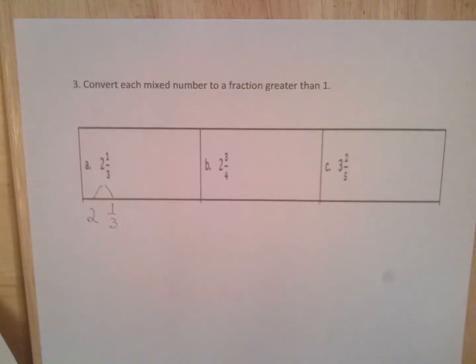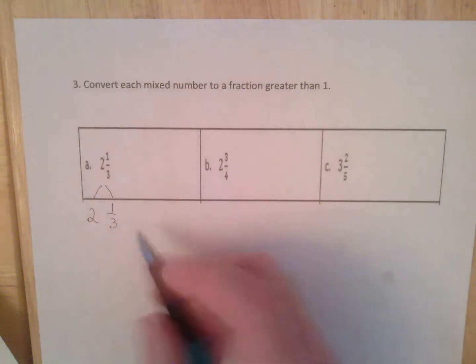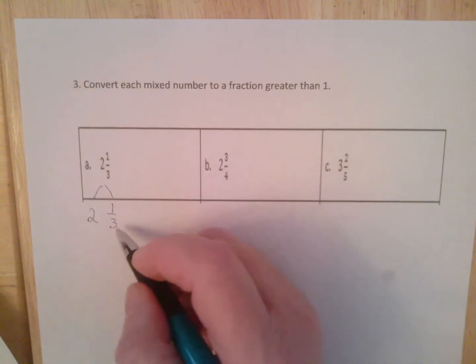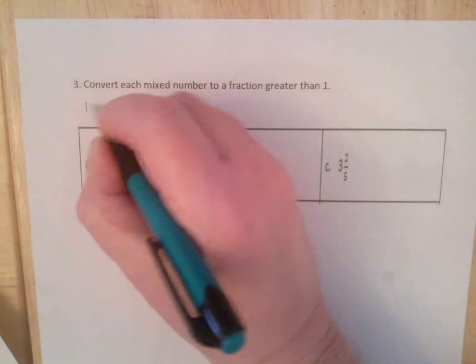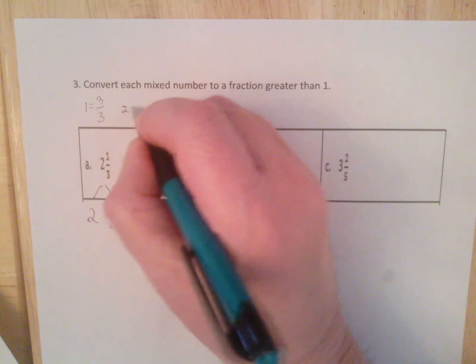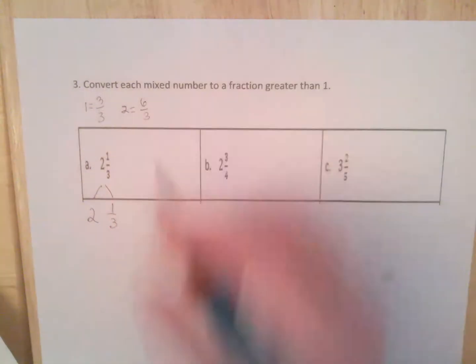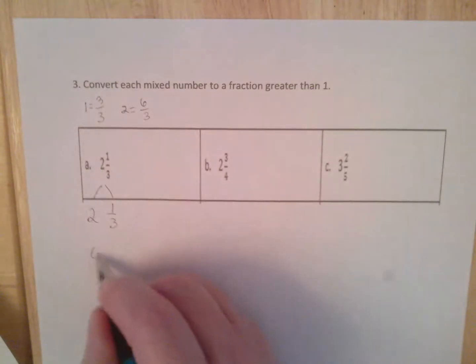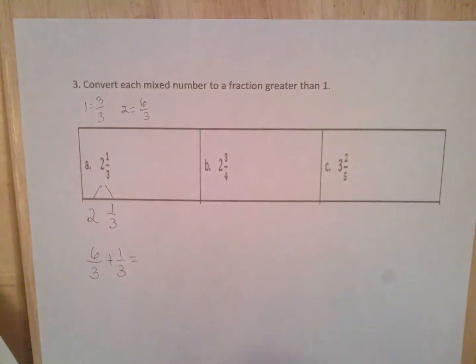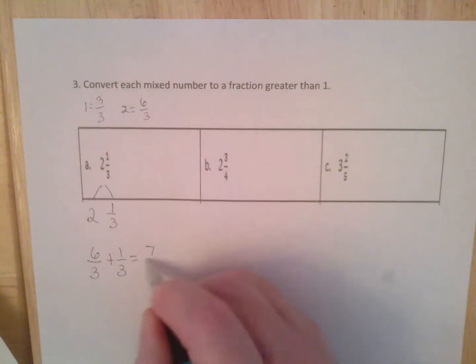Now we have our 2 parts. How many thirds are in 2 ones? When we're doing how many, you're asking yourself, if 1 is equal to 3/3, then 2 would be equal to 6/3. So 2 is equal to 6/3 plus 1/3, and 6/3 plus 1/3 is equal to 7/3.